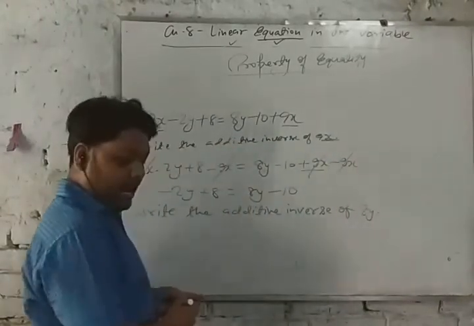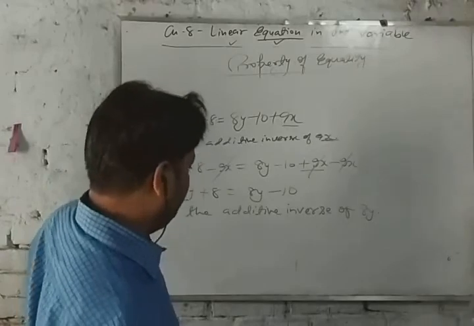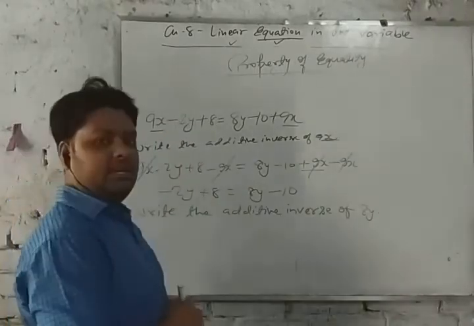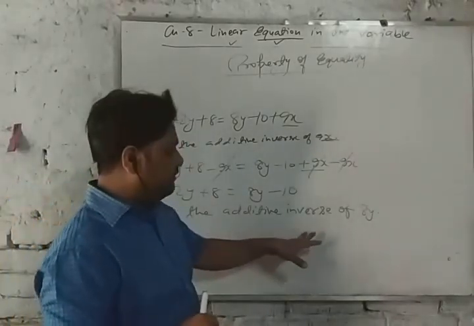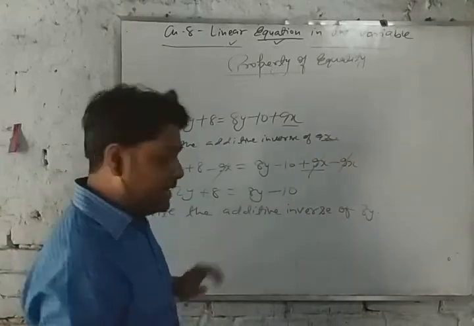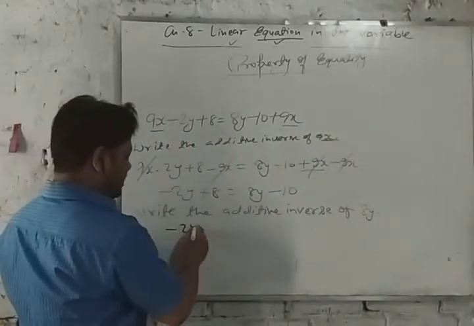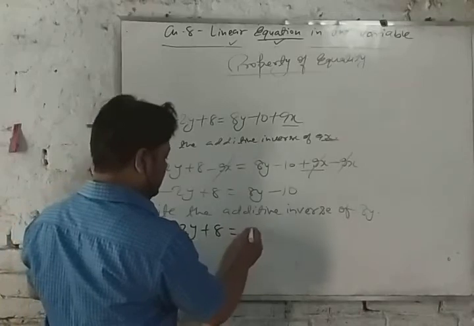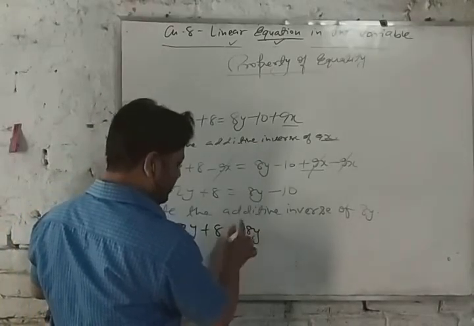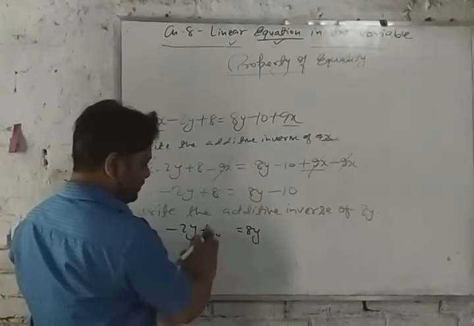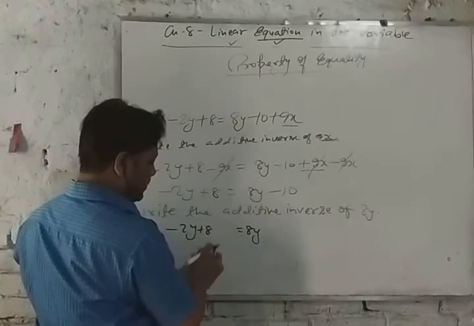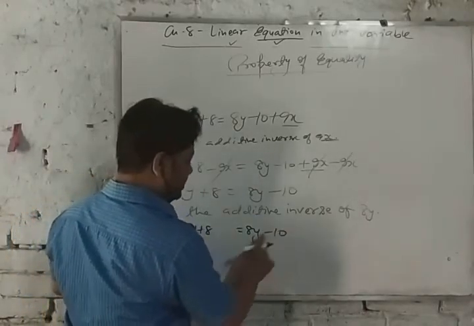And always in RHS, if the variable is in RHS, then we will write the additive inverse or multiplicative inverse in RHS first. Okay, then minus 2y plus 8 is equal to 8y minus 10. Here we will leave one space. Plus 8y, minus 10 plus 8y.